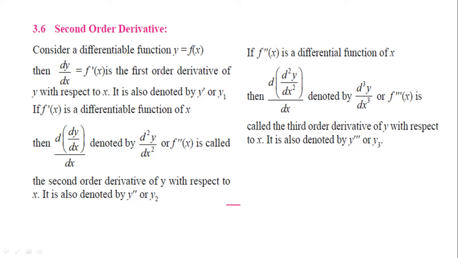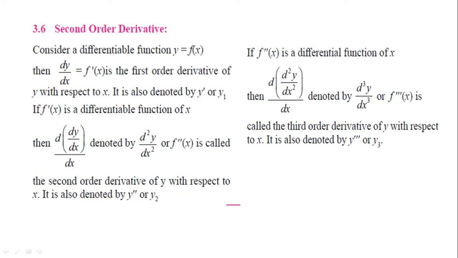Okay, and again if that f double dash x is differentiable, and if you take the derivative of d square y upon dx square again, then you will get d cube y upon dx cube, or you can write f triple dash of x, called the third order derivative of y with respect to x, and it is also denoted by y triple dash or y3.